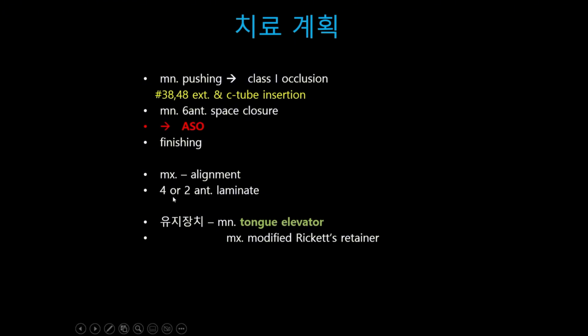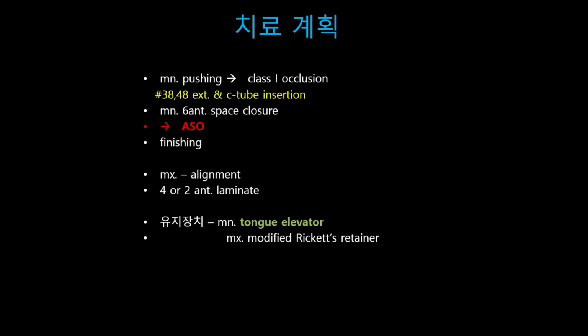Maxilla alignment and 4 or 2 anterior laminate. And the retainer is in the mandible with tongue elevator design. In upper is modified rectal retainer. It is just follow my idea. I usually try to educate my student in another university.